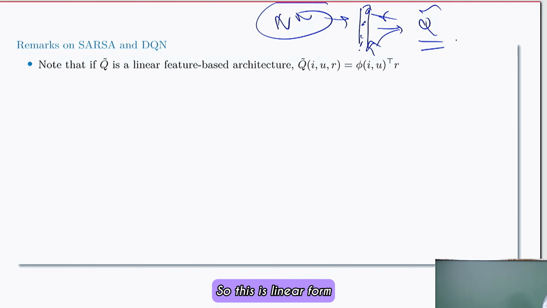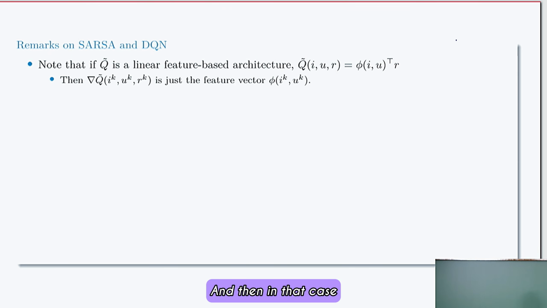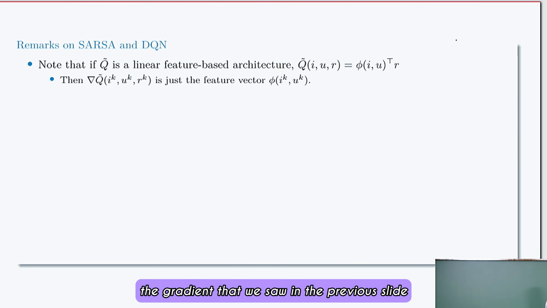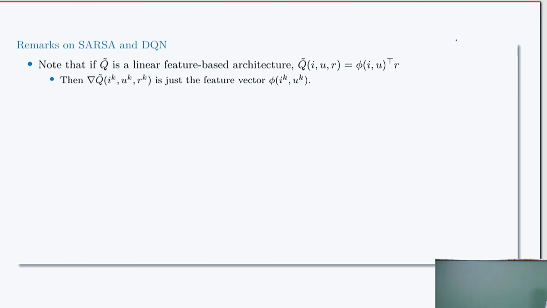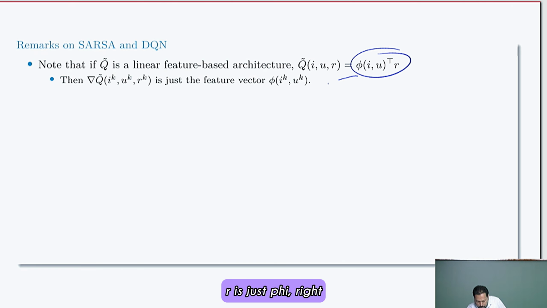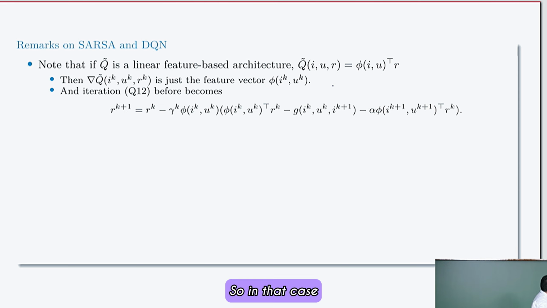So this is a linear form, and in that case, the gradient that we saw in the previous slide, the gradient of the Q tilde, will be just phi, just the features. The gradient of the Q values is nothing but the features, because the gradient of this with respect to R is just phi. So in that case, the update for the parameter simplifies.